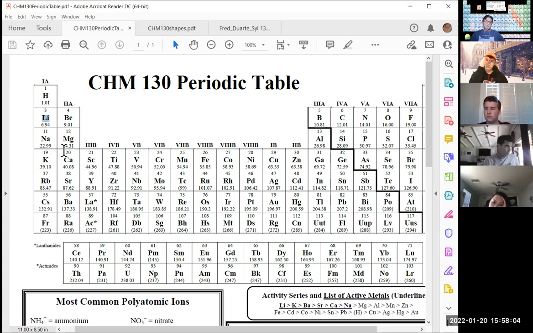I would be familiar with the first 20 at least. This is calcium, Ca. As we proceed, we're going to add others that we're going to utilize. We're not going to have you memorize all 118, not at all. But we will utilize the periodic table quite a bit.